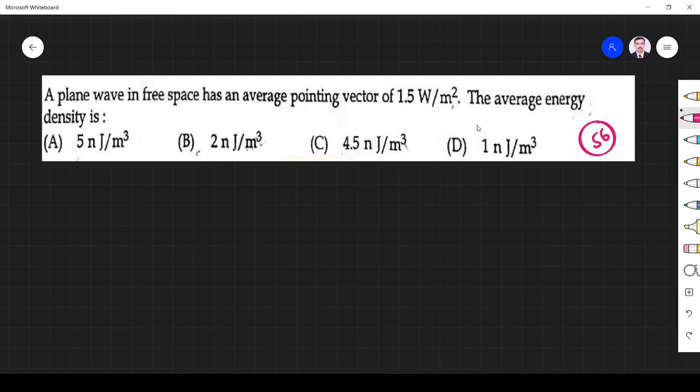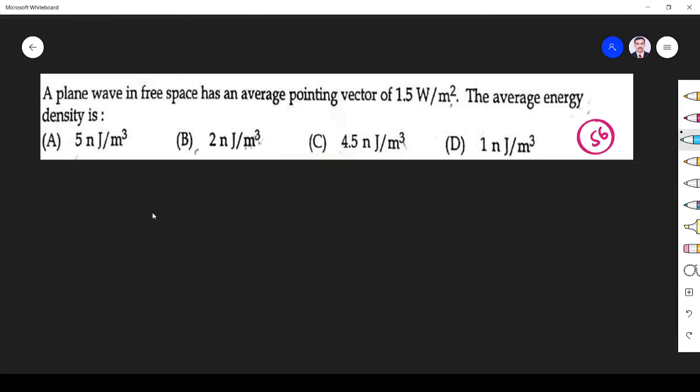Next question, a plane wave has an average Poynting vector P average of 1.5 watt per meter square. What is the average energy density? W is equal to 1 by 2 epsilon E square.